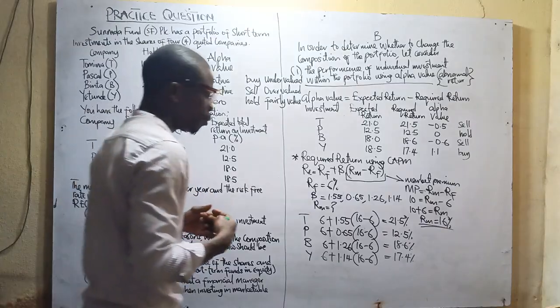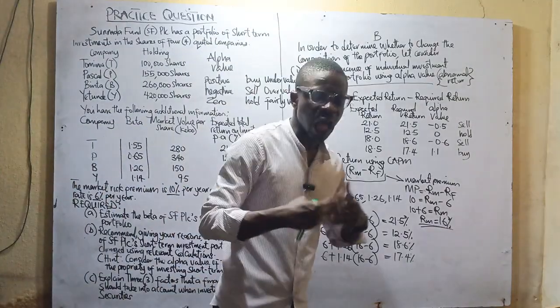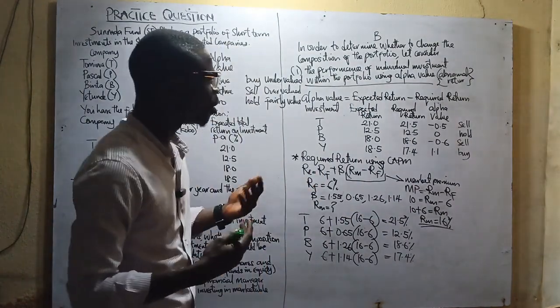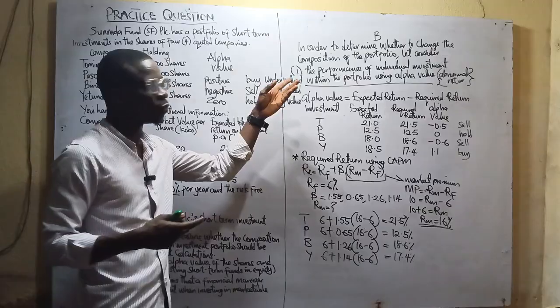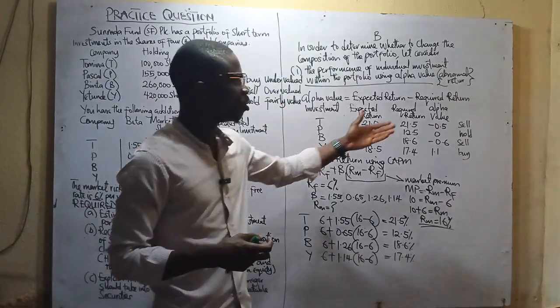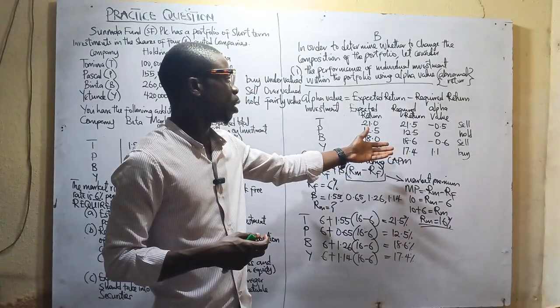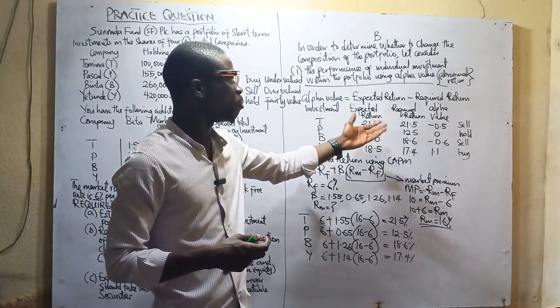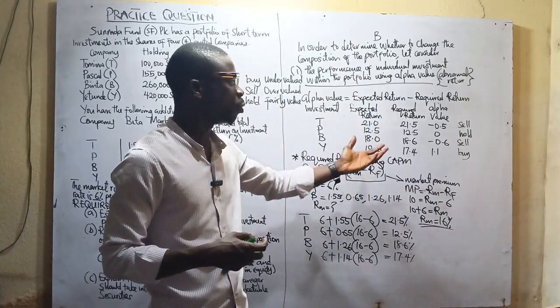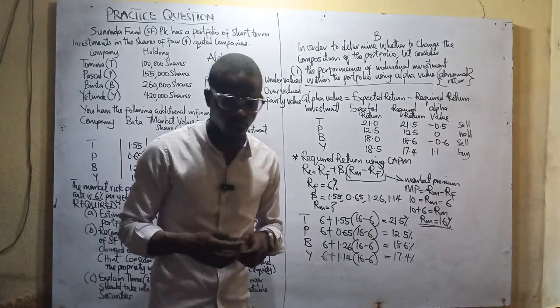So based on this, you can advise that the composition of the investment should be changed. This is the first reason. So we have looked at the 4 investments, the performance of the 4 investments, using the alpha value. So now what will be our conclusion?